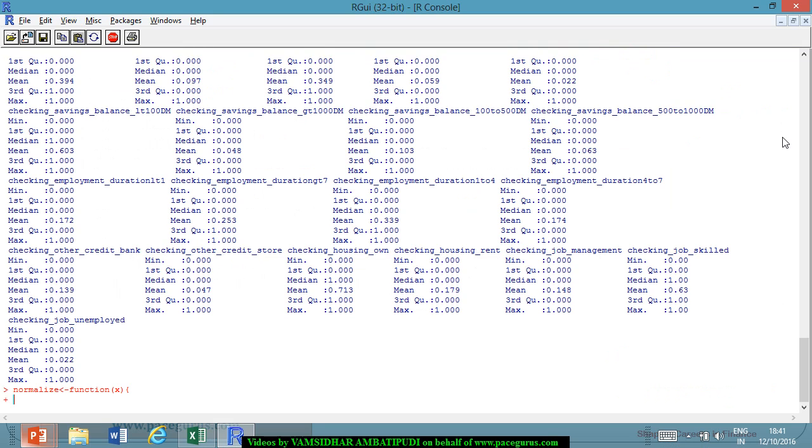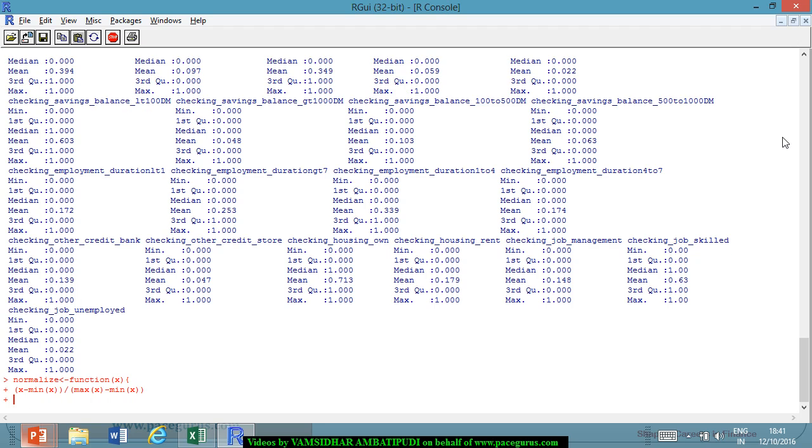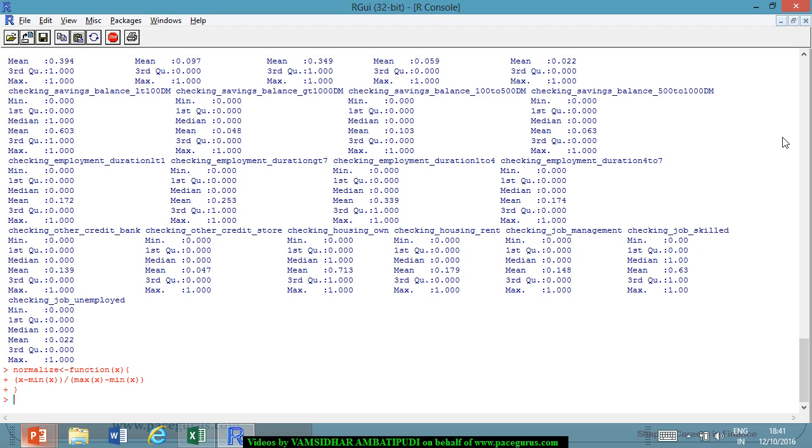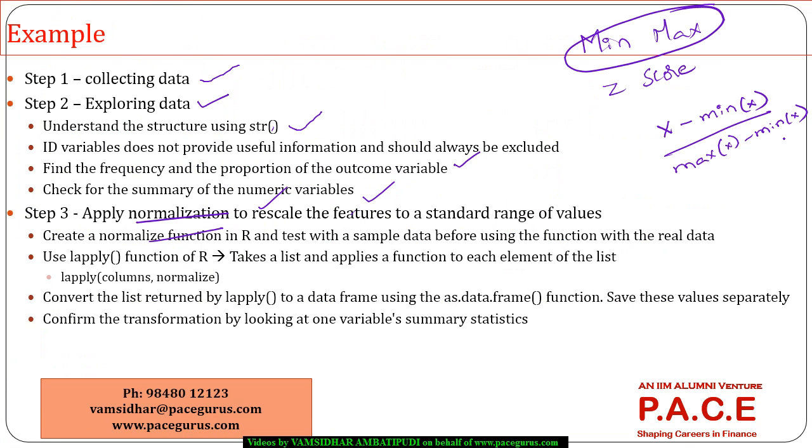So the same function you apply it here. So write it as x minus the minimum of x divided by the maximum of x minus the minimum of x. So this is the way you have defined the function called normalize. So let's close the bracket so that the function is executed. So we have created a normalize function.